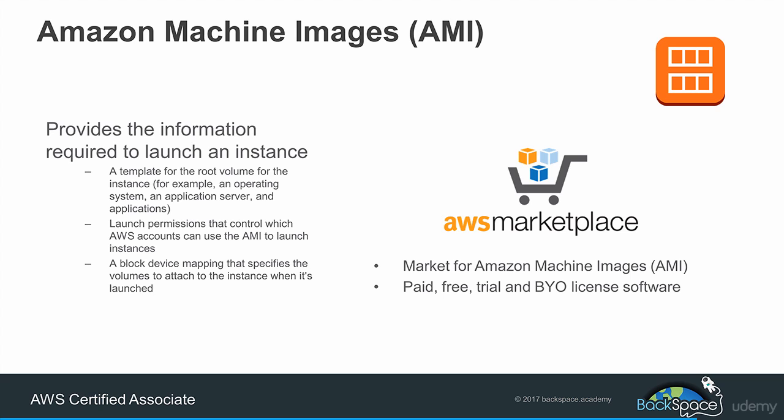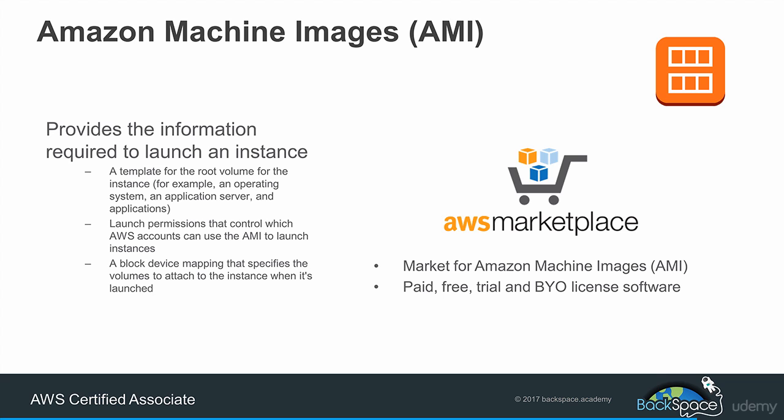AMIs can be put on the AWS Marketplace, and so they can be sold, or they can just be put there for free. So you can have paid AMIs on there that you can pay for and use. If you want an AMI to run SAP, for example, you can pay for that and pay by the hour.